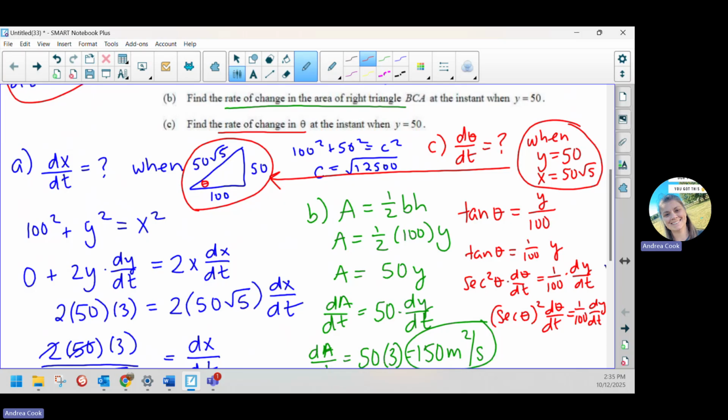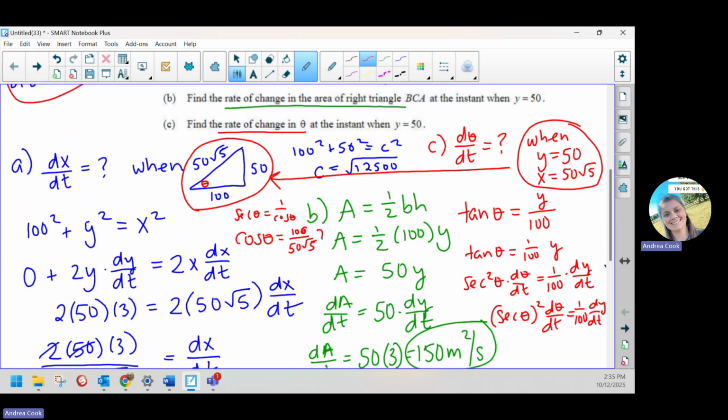So secant, remember, is the reciprocal of cosine. So when I look at this picture, cosine of theta is adjacent over hypotenuse. And I can reduce that, but so secant would be the reciprocal of that.